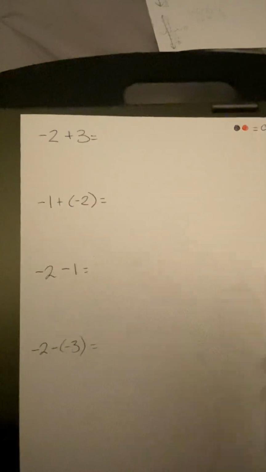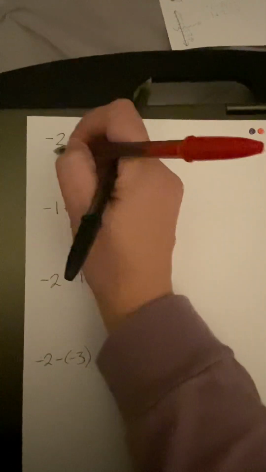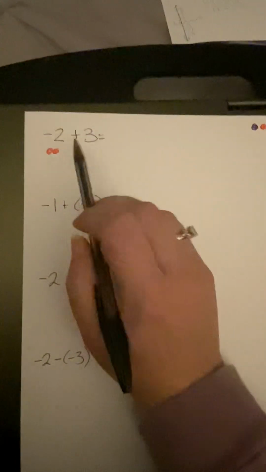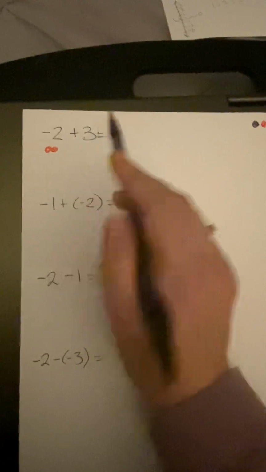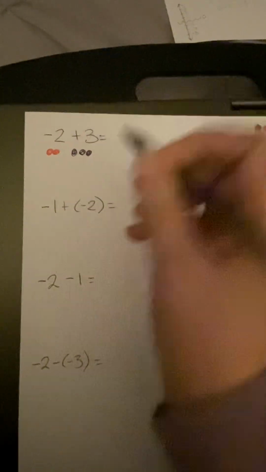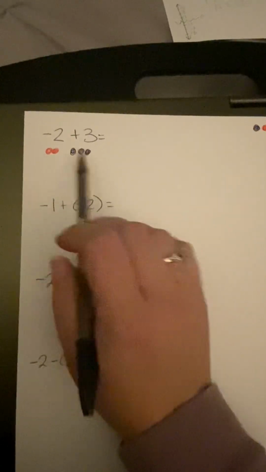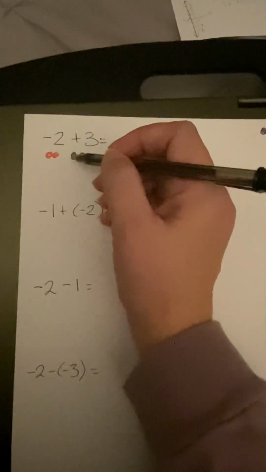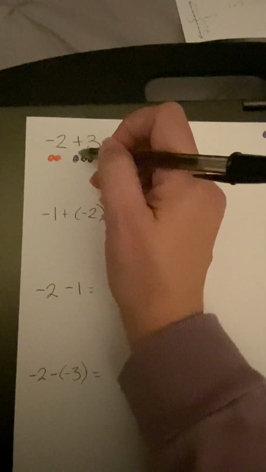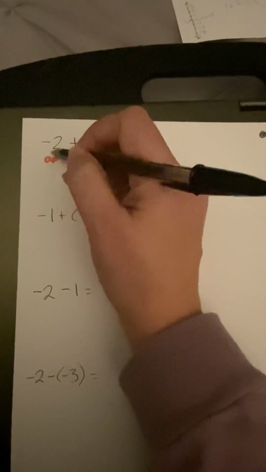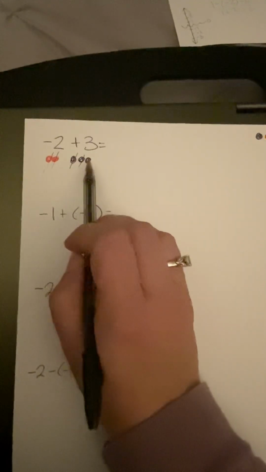So now I'm going to start with negative values. So I'm going to start with -2. And now I want to add a +3. Well, now I've got a lot of integer chips here, but if I can take away some zero pairs, 1 minus 1 is 0, 1 minus 1 is 0, and see what I'm left with?